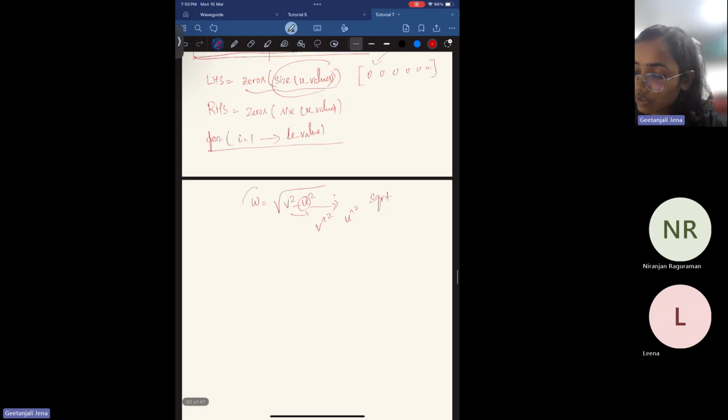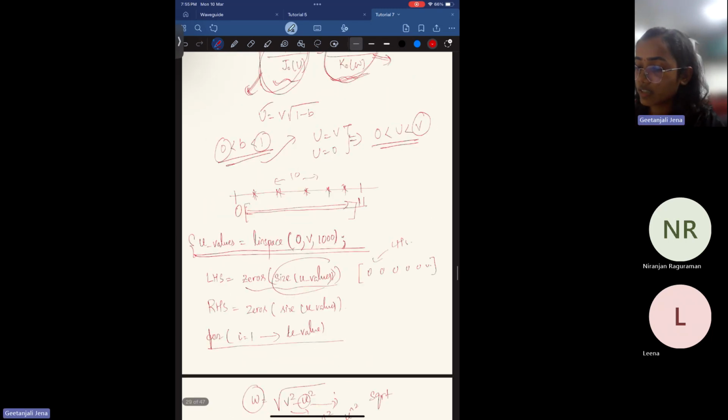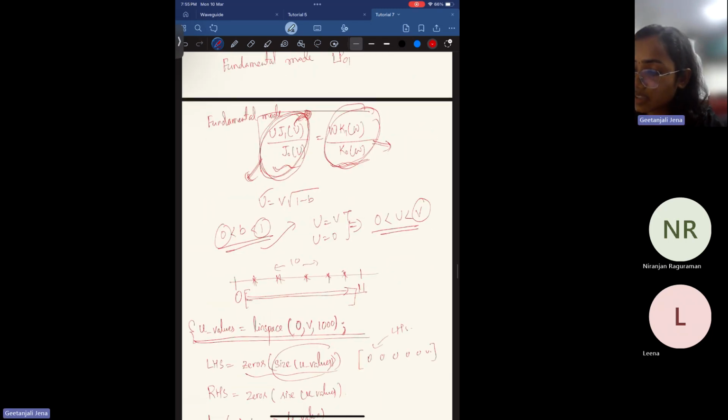Now that you know the u value and the w value, just compute the LHS. The LHS is u times Bessel function J1 over Bessel function J0.